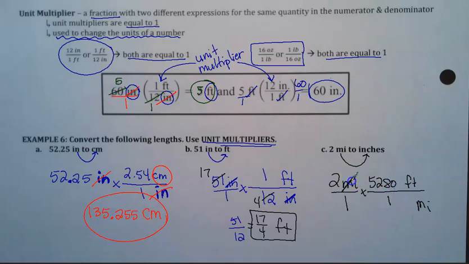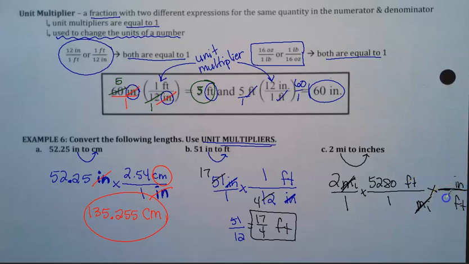Okay, so I've got my miles to cancel. But now I'm stuck with feet and I want inches. So I can do the math or I can go ahead and put another unit multiplier here. My unit multiplier is going to go feet to inches. So I want feet in my denominator, so it will cancel, which means inches has to go in my numerator.